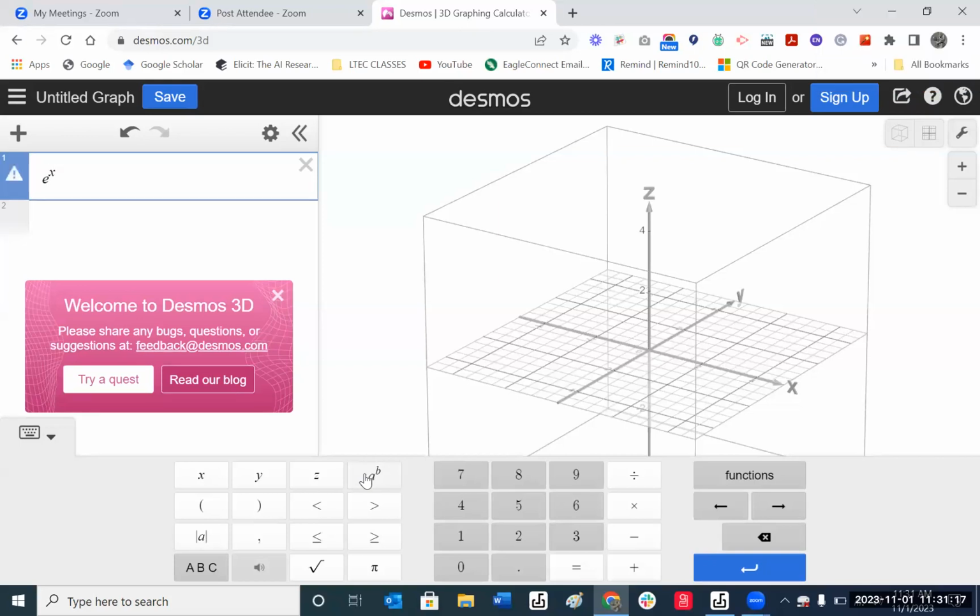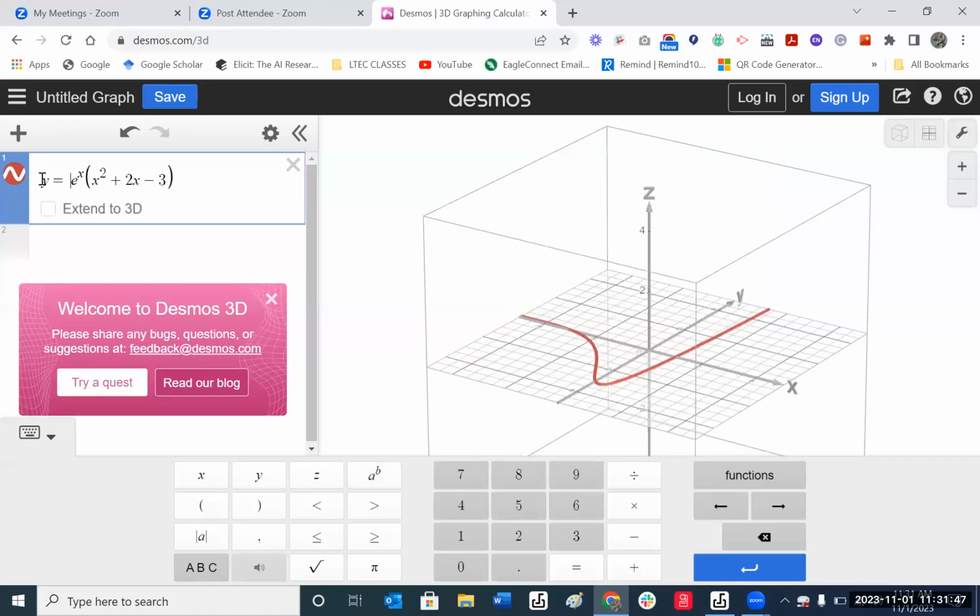So that's e to the power x, open parenthesis, it was x squared plus 2x minus 3. Since it's 3-dimensional, I think we're going to need a y equals. So there it is in 2 dimensions.